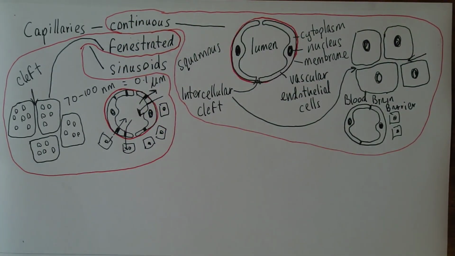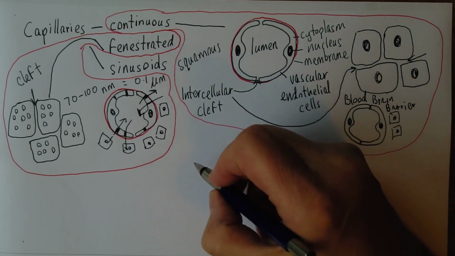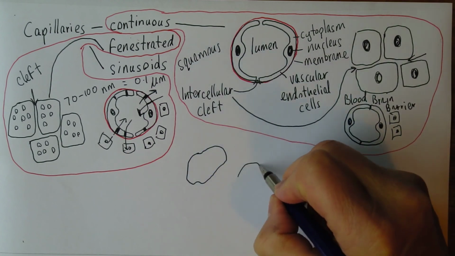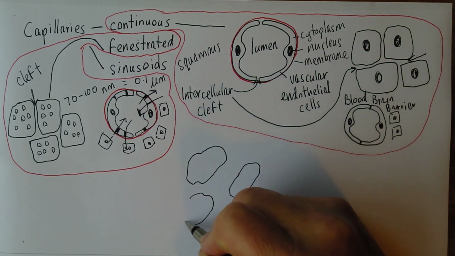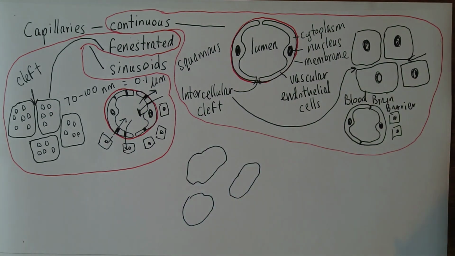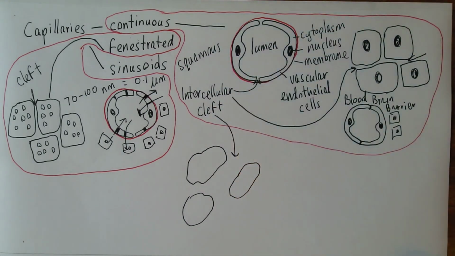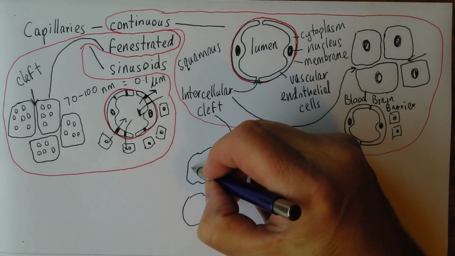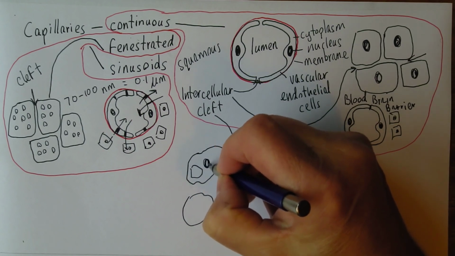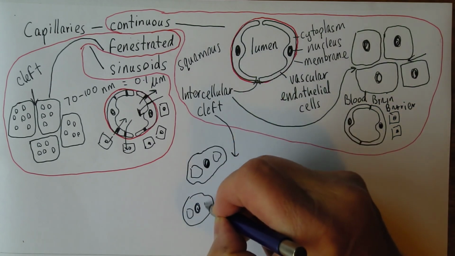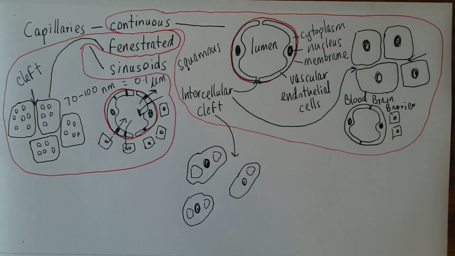Now the sinusoids have large fenestrations and large intercellular clefts. So again, if we're looking from inside out at this, we'd see the cells here, but we'd see very large gaps. So the intercellular cleft here is a very large intercellular cleft. And also within the cells themselves, there's a nucleus of course, but we'd see what are essentially large fenestrations.